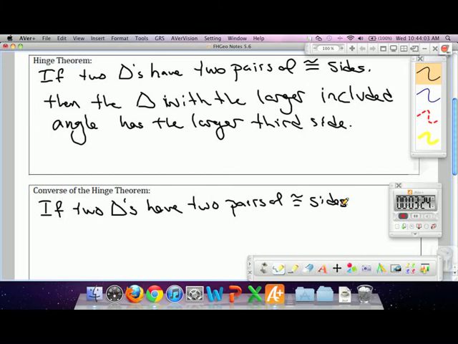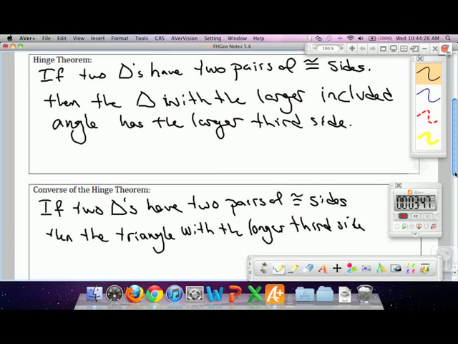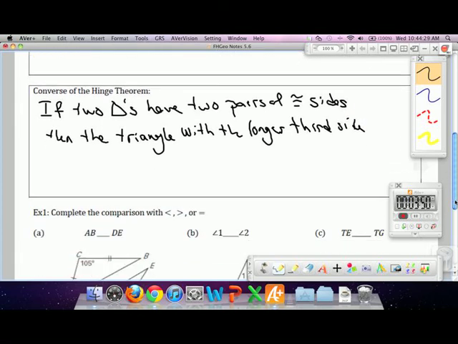If we start here, then the triangle with the longer third side has the larger included angle.